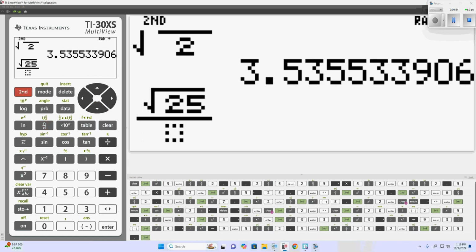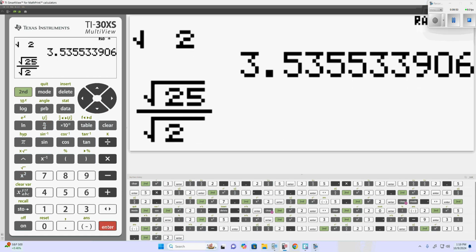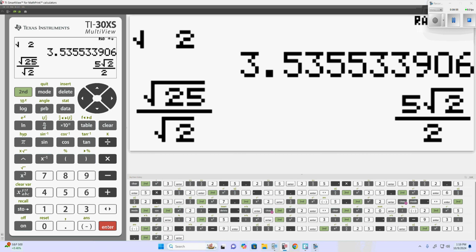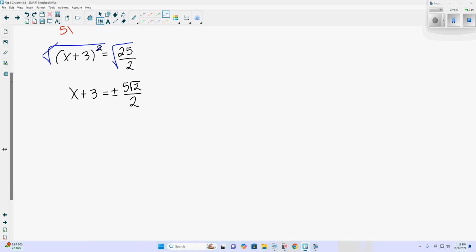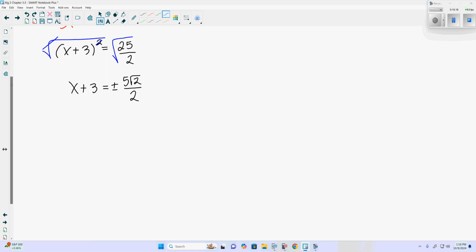But if we type it in as the square root of the numerator, square root of the top, over the square root of the denominator, square root of the bottom, square root of 25 divided by square root of 2, the TI-30X will simplify that for us into 5 square roots of 2 over 2. Questions on this here?